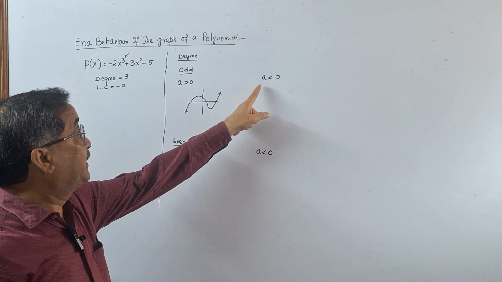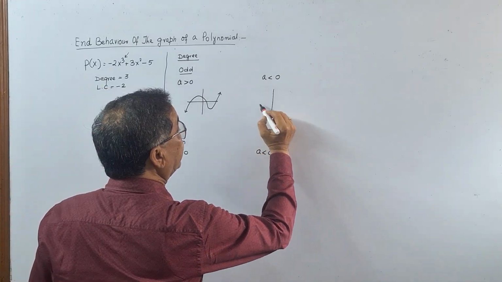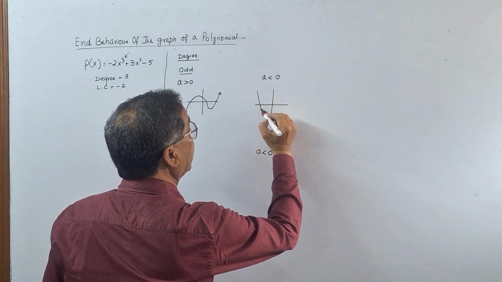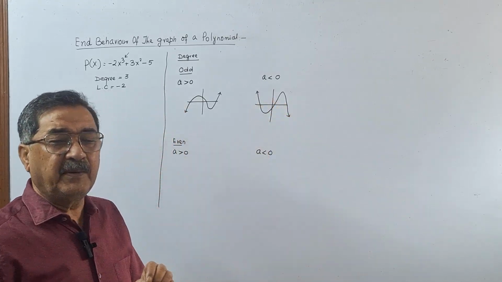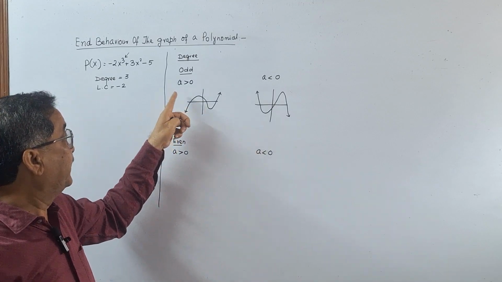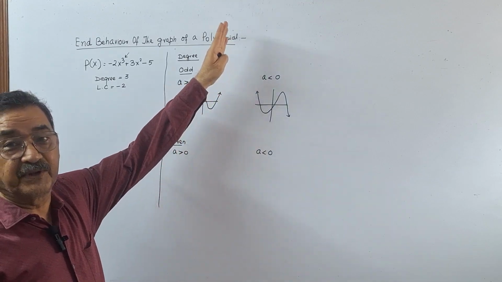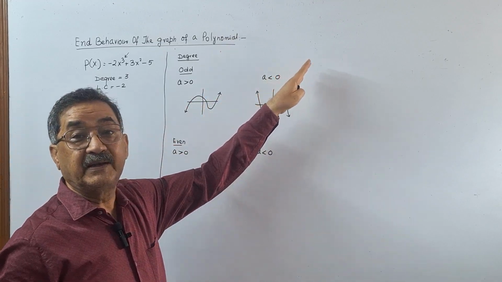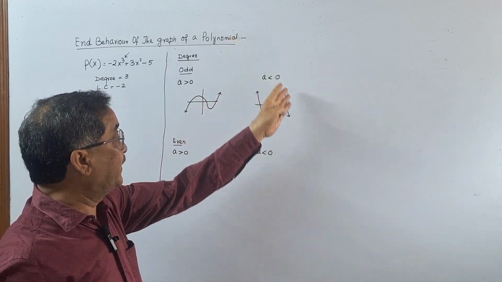Whereas, if the leading coefficient is less than 0, the graph will rise on the left and fall to the right.